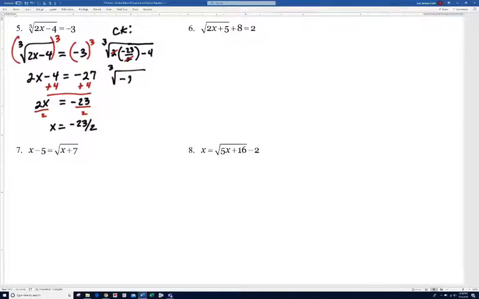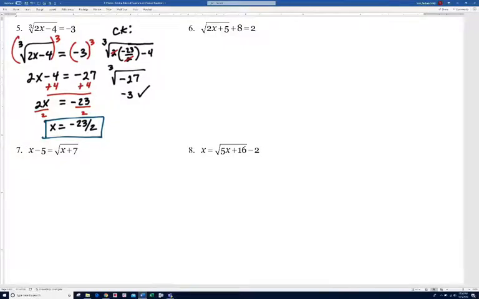That's going to be the cube root of negative 27. So we ask ourselves, what number cubed gives you negative 27? And of course, that would be negative 3. And so that is what we had here. And so this does check when you plug it in. And so this is a good answer. Let's move on to number 6.